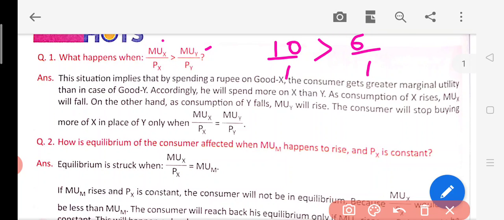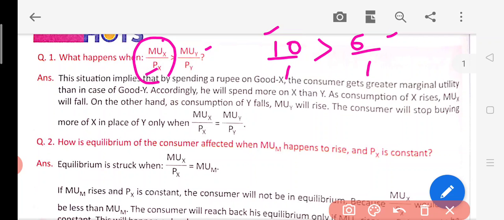So here MUX upon PX is this and MUY upon PY is this. Here 10 is greater than 6. So the consumer is getting more satisfaction, a higher marginal utility, by spending money on X good.